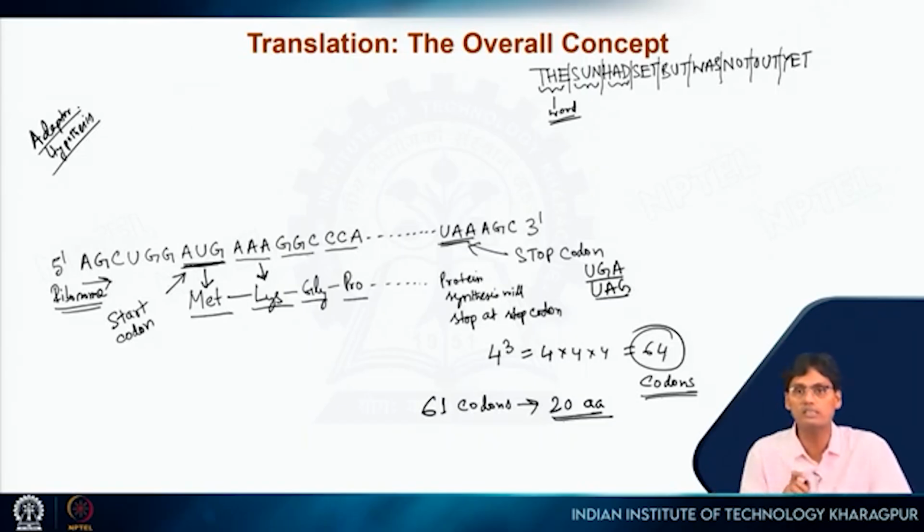Similarly, what Crick was suggesting is that if we have an adapter molecule made up of nucleotides, then it can recognize the codon sequence present in mRNA, and by a different method it can bind to a specific amino acid, so that that particular adapter can bring a specific amino acid to the translation site.